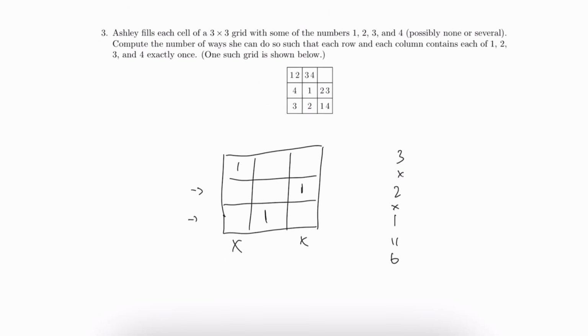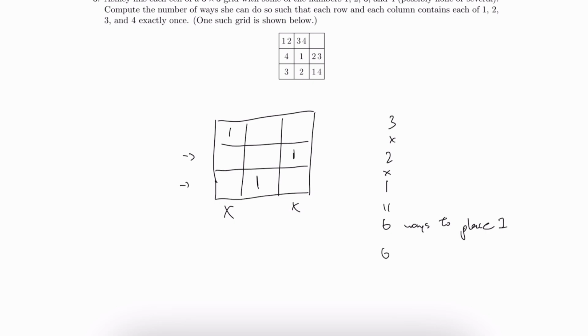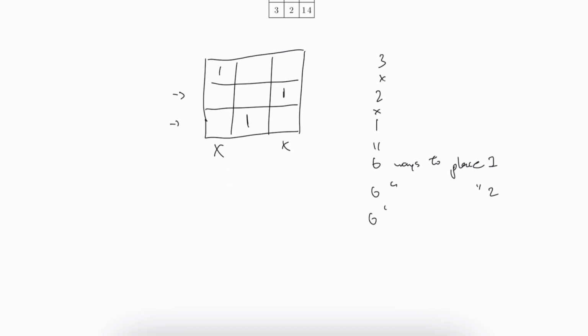And again, identically, we get 6 ways to place a 2, 6 ways to place a 3, and 6 ways to place a 4.